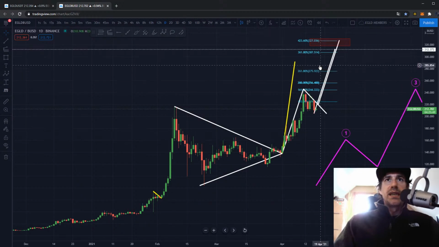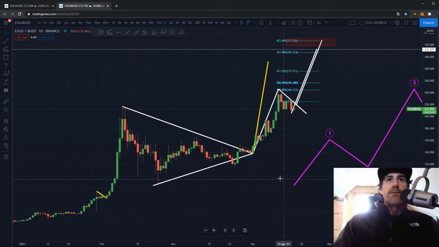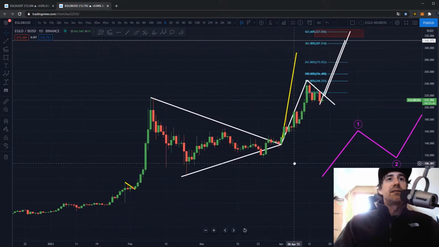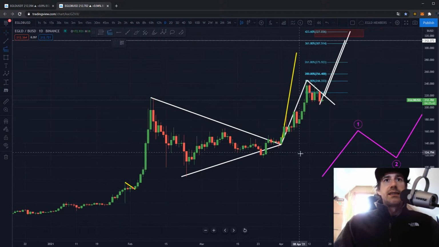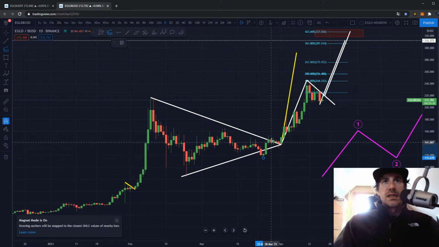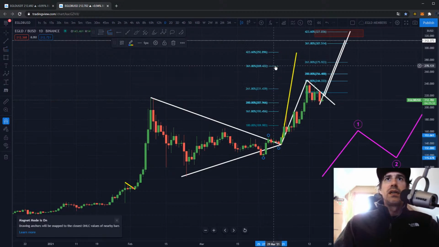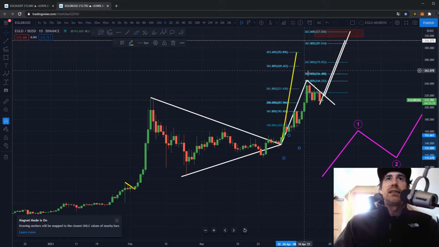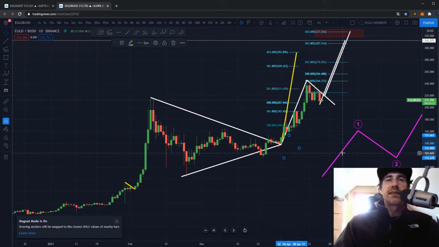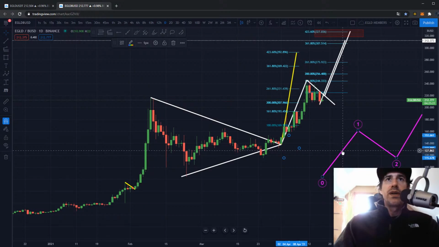This will probably have some resistance up there. Resistance. And let's figure out this small wave from here. 1, 2. Okay. This is the 423.6 Fibonacci, which is a very nice target for a wave 3. Very nice target.